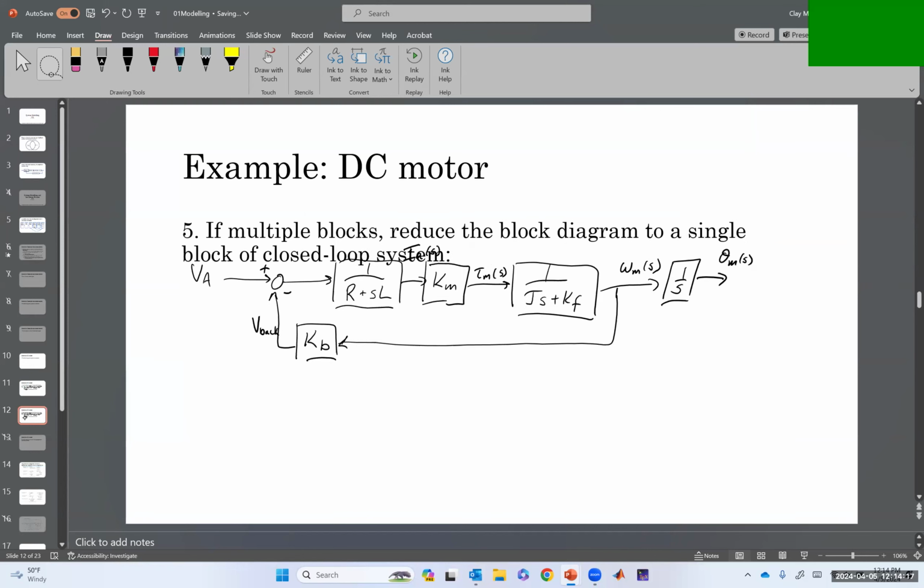So step 5 is if you have multiple blocks, which we do, you can almost always reduce them into a single block. Now, a block in this context is a transfer function, right? Every block is a transfer function. What I'm after at the end of the day, our goal down here, is the transfer function from VA to theta M, from armature voltage to position.